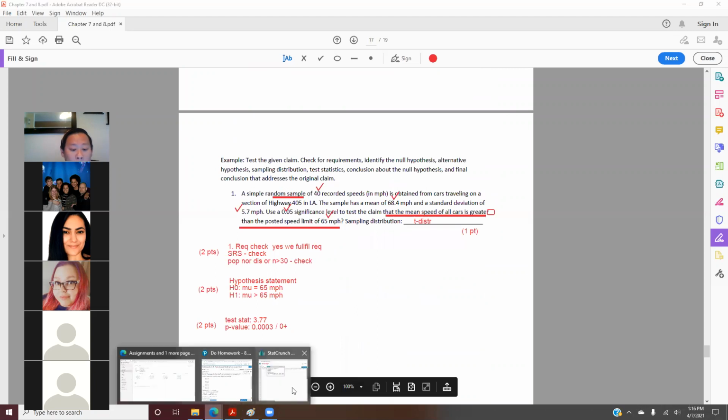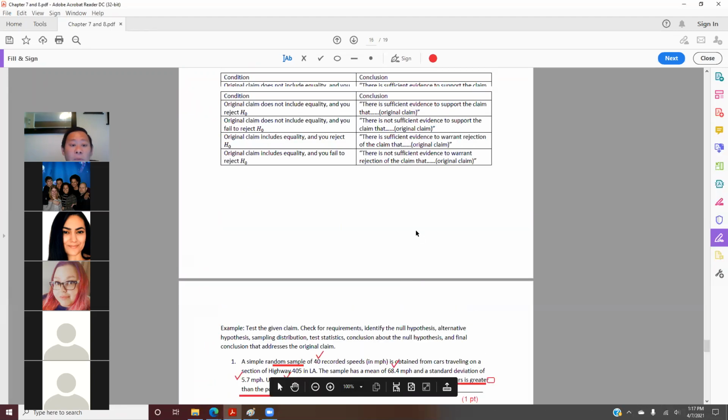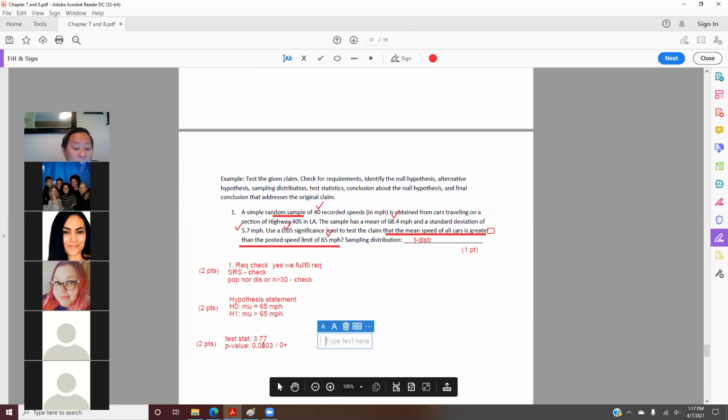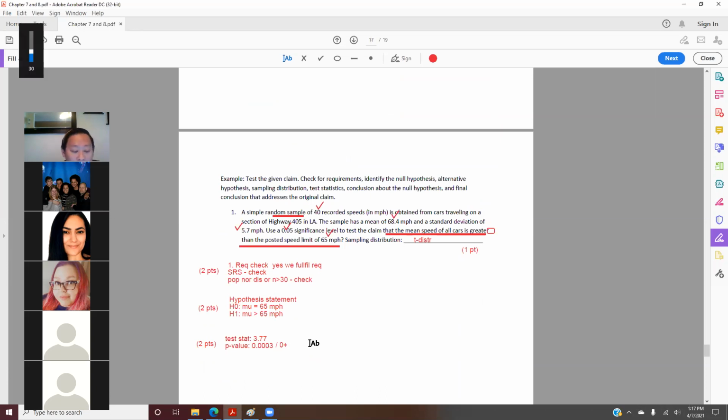Step 3 is the sampling distribution, which is this one, and then step 4 is this one. So if I'm labeling the steps on the exam, for step 3 you put the T distribution, and this is step 4.